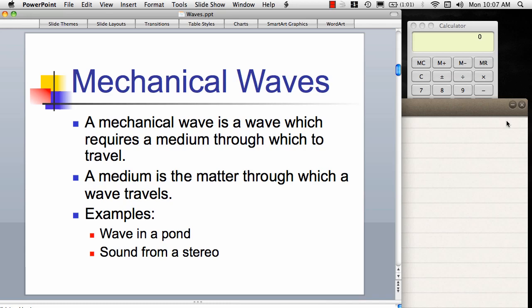When I did the demonstration with the cordless drill and the string of the standing wave, you saw that the string was our medium. It was a solid piece of matter. And if you're ever out in the ocean, waves require the water in order to have waves in the ocean. These are all examples of mechanical waves and the mediums they need in order to exist.